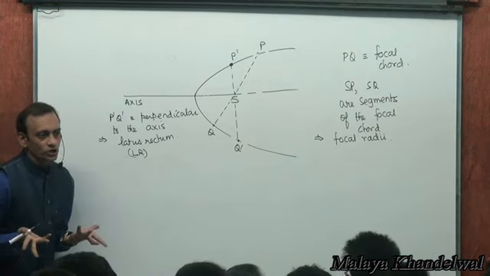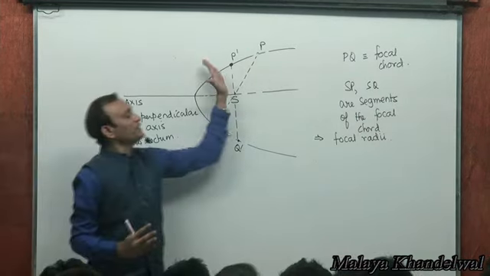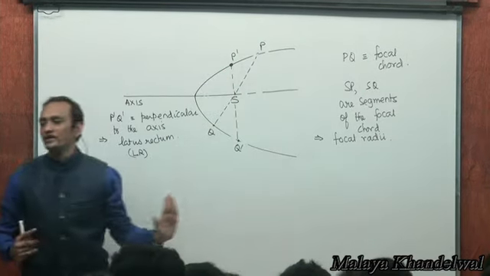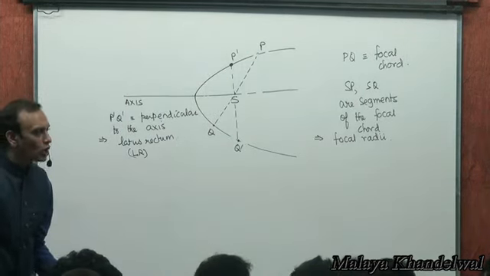There are infinite focal chords, because there could be an infinite number of lines passing through the focus as chords of the conic section.